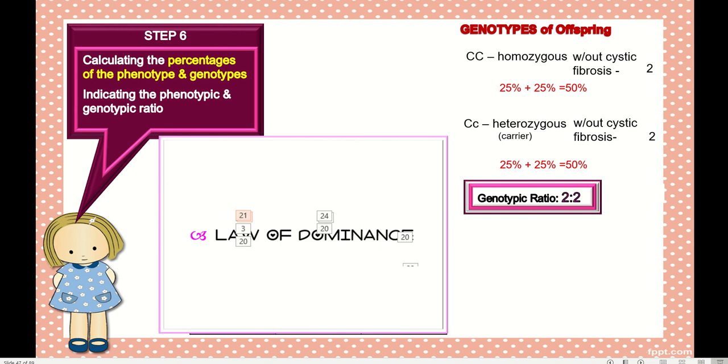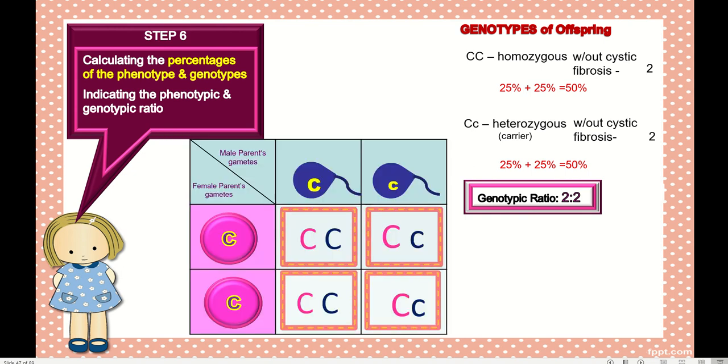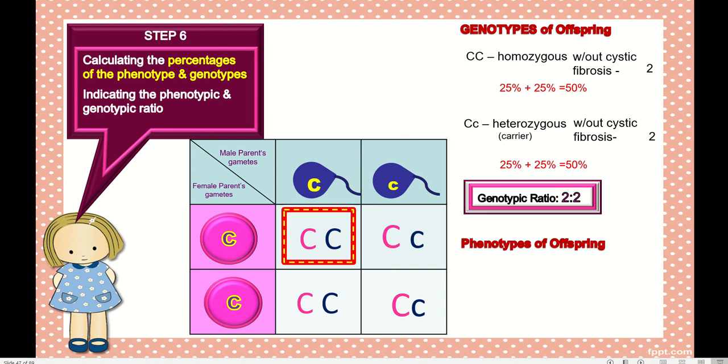Okay. Now, next we identify the phenotypes of the offspring. So we can use this data or this data for the phenotype. Now, here, what would the phenotype be of the offspring? Without cystic fibrosis, so this individual will exhibit no cystic fibrosis.